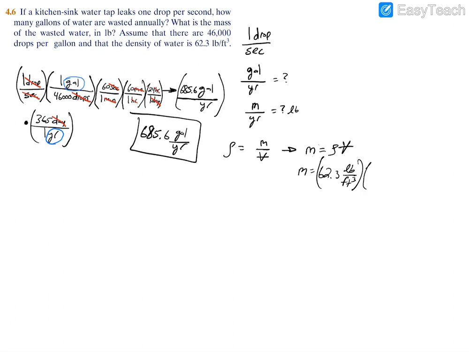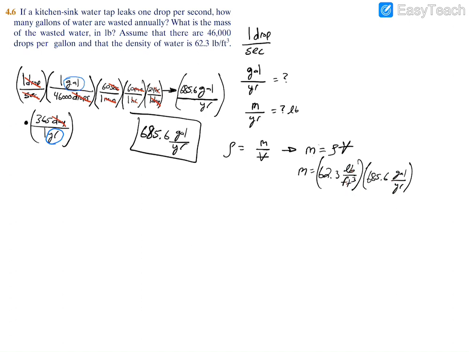The volume is 685.6 gallons per year, or we could just leave it as gallons, but I'll just put gallons per year. And now you notice you can't really multiply this across because you don't really have consistent units here. What we're looking for is we want to keep the mass of pounds, and supposedly we could keep the years. You don't have to have it there, but we want the pounds here, but we can't have gallons and feet cubed.